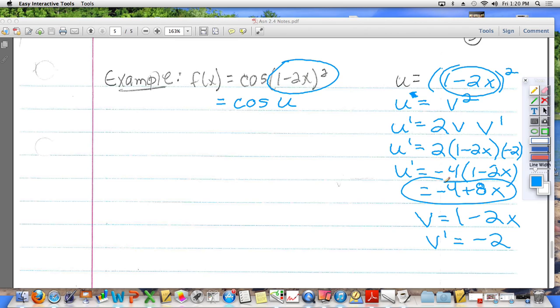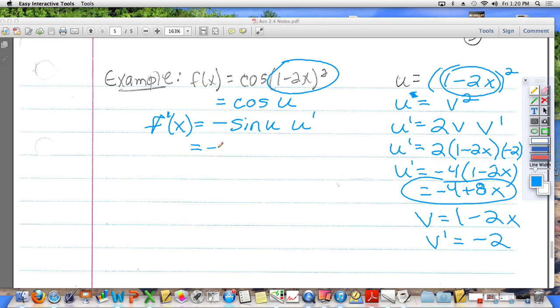First situation. All right, so we've renamed that as the cosine of u. So the derivative now of f of x is going to be equal to the derivative of the cosine of u. What's the derivative of the cosine of u? Negative sine of u, but we need to multiply that by the derivative of u, which we'll plug in just a minute.